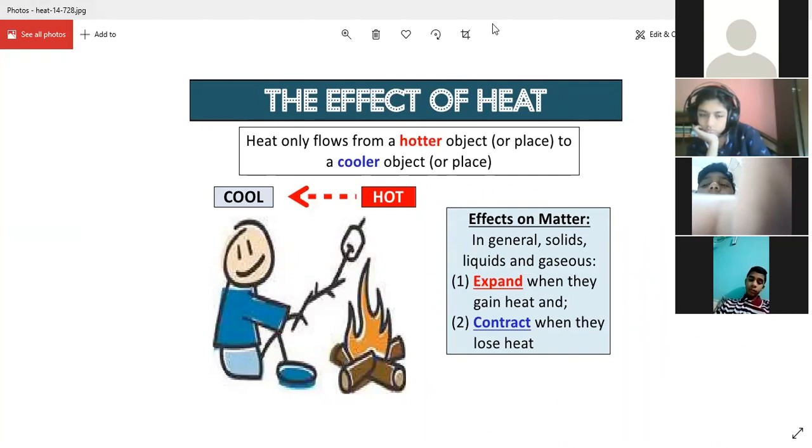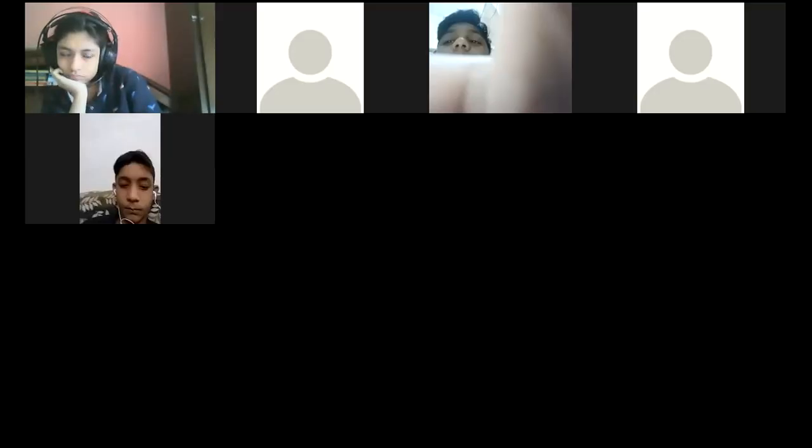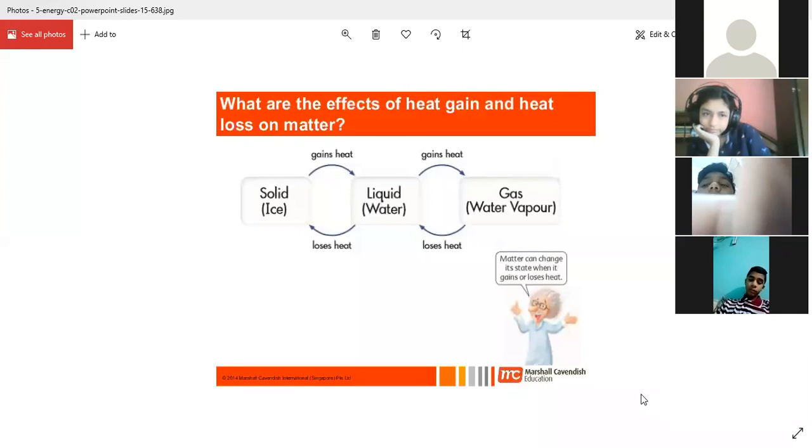Now over here, in the third image, what are the effects of heat gain and heat loss on matter? ठीक है, we have three different matters: solid, liquid, and gas. सबसे पहले क्या हो जाता है? Solid when gains heat, it becomes liquid, and again liquid when gains heat, it becomes gas, right? फिर जब हम vice versa कर देते हैं, gas when loses heat, it becomes liquid.